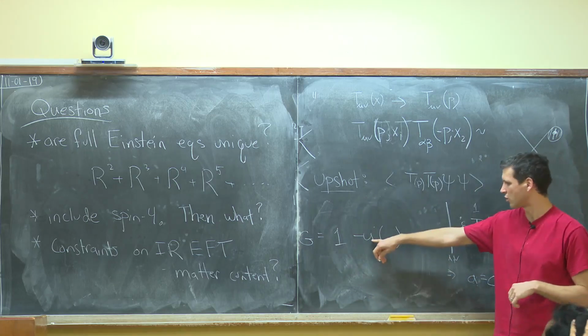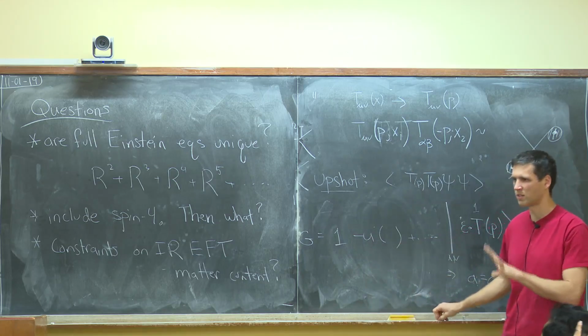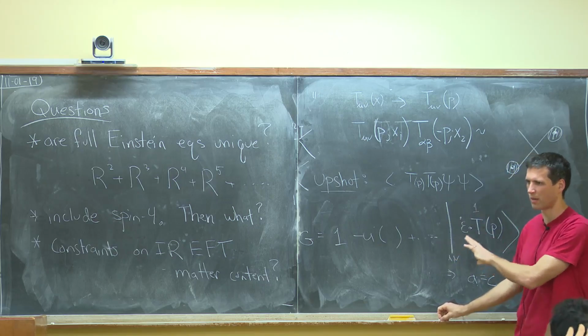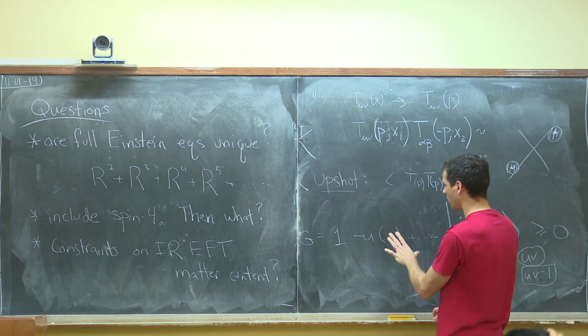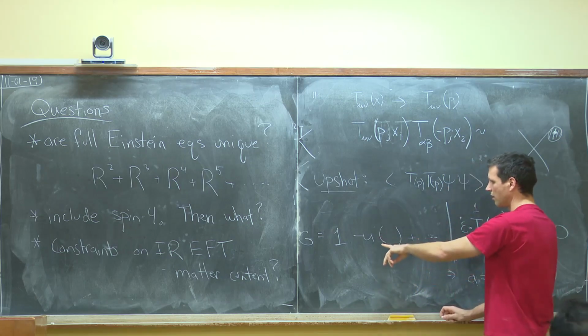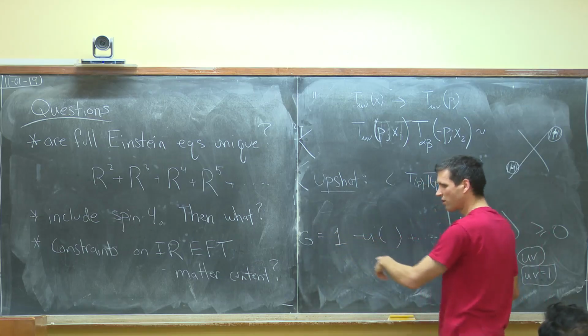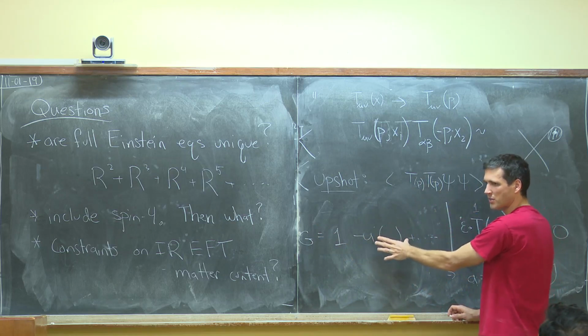Remember that u is growing in the Regge limit. It's the same kind of term that appears in the chaos bound. So then there's this argument involving integrating G and then deforming the contour, that you can prove that the coefficient of this growing term has to be positive.